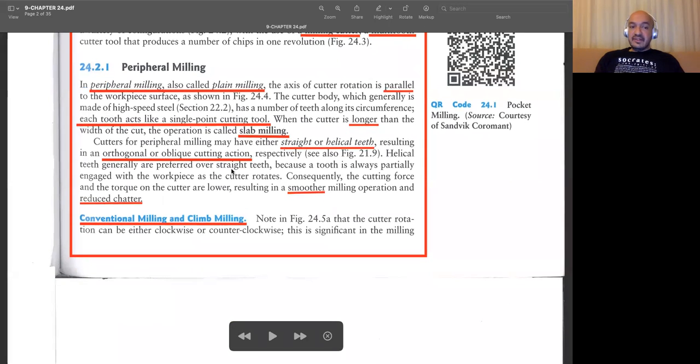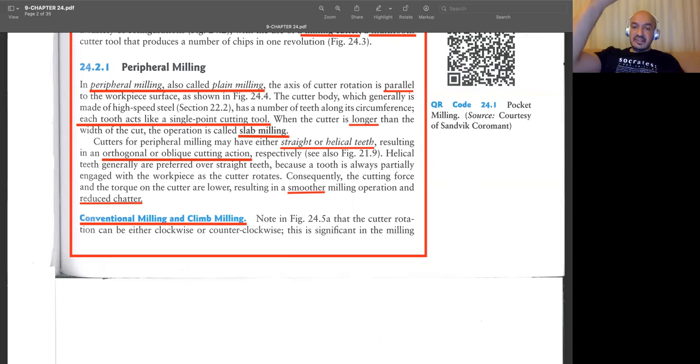In peripheral milling, we may sometimes have cutters having straight teeth or having helical teeth. Helical teeth are very similar to the teeth profile we have on drills, but the straight teeth, as the name implies, do not rotate around the axis.